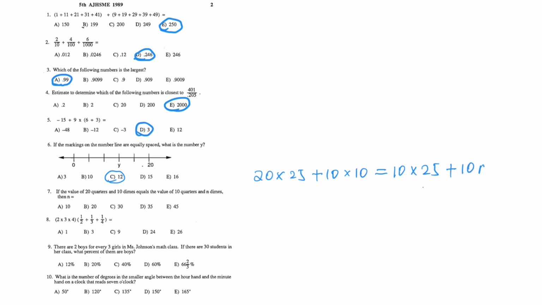A dime is 10, so n dimes is 10n. So 500 plus 100, that's 600, equals 250 plus 10n, and 350 equals 10n, n equals 35. That's the answer D.